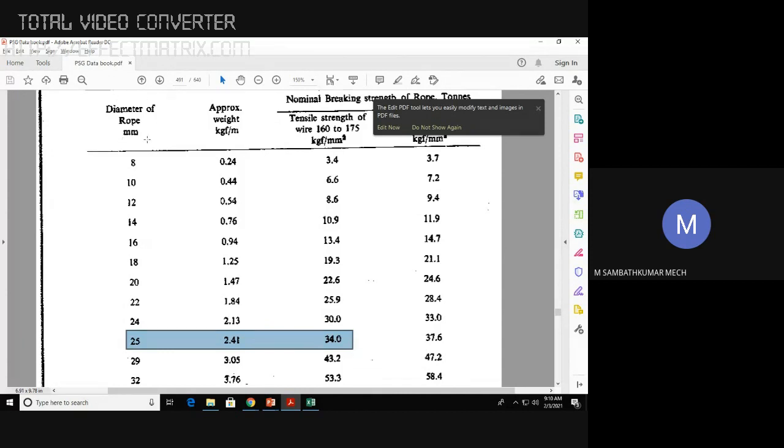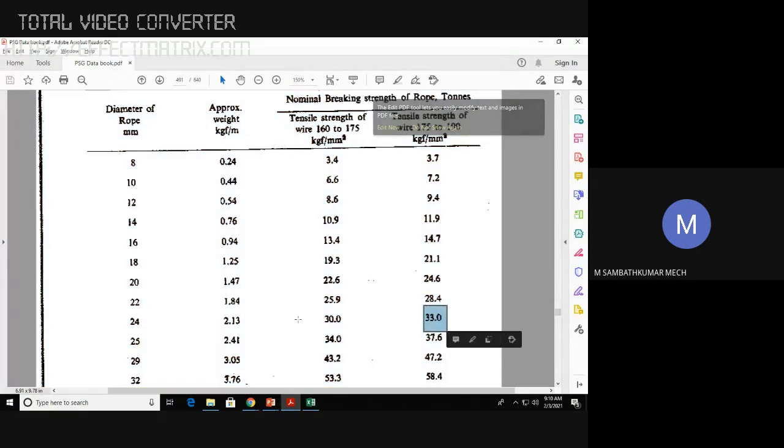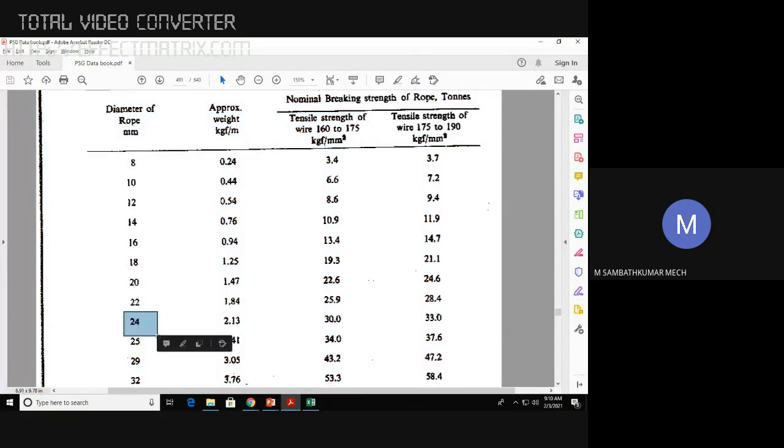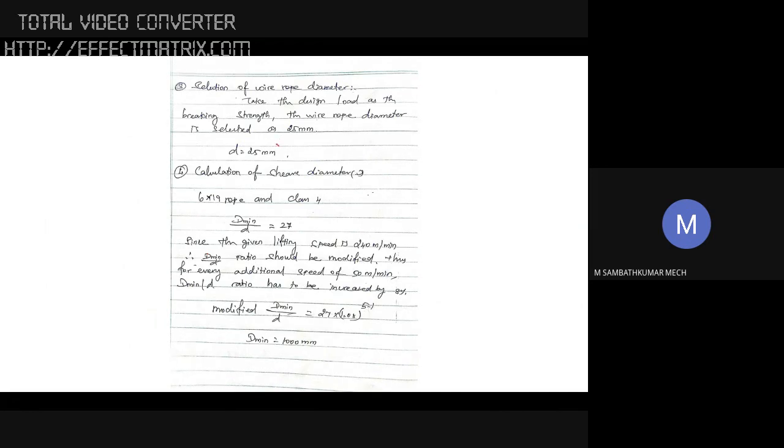At the top of the column, the diameter of the rope in mm is given. So for 34 ton breaking strength, the wire rope diameter is 25, or if you choose 33, the wire rope diameter is 24. In this problem, I am choosing the wire rope diameter equal to 25 mm, for breaking strength more than 300 kilonewton or 30 ton.